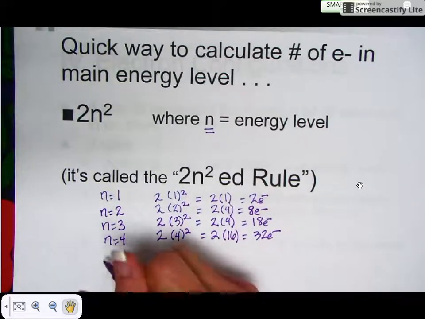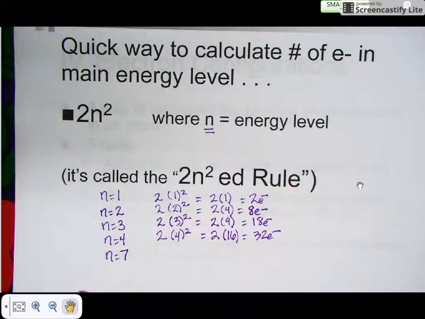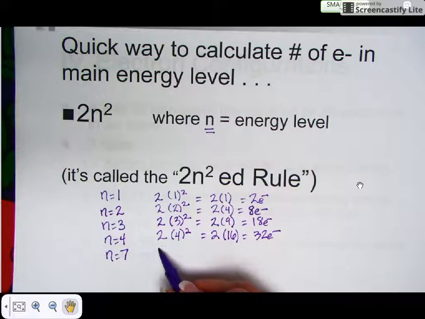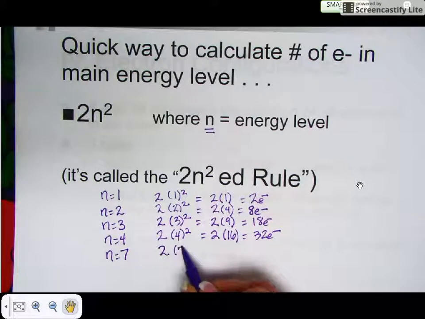Now I'd like for y'all to try one. I want y'all to try, what if n is equal to 7? Take a second and figure out how many electrons could fit in the entire 7th energy level if it were completely full. Okay, let's plug into the formula. 2 times 7 squared.